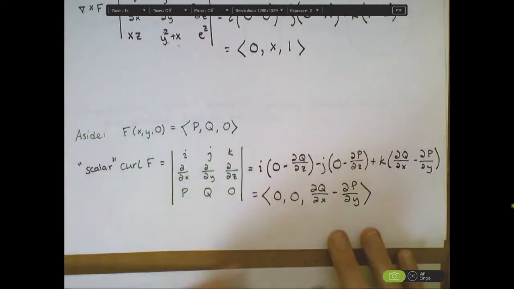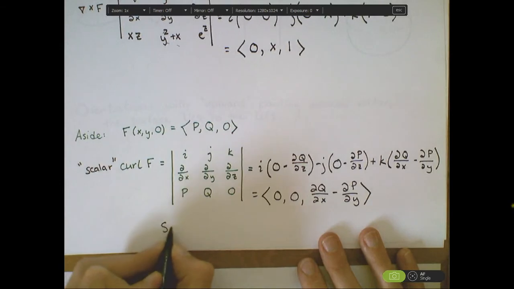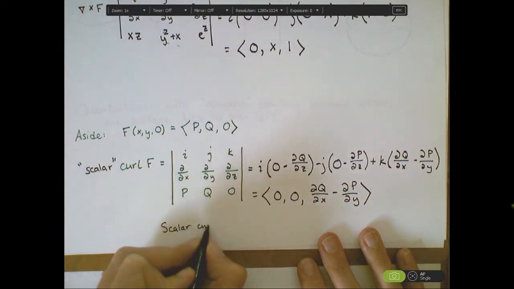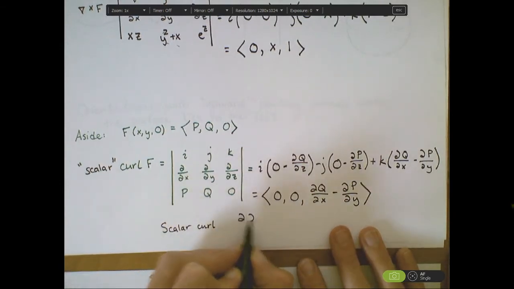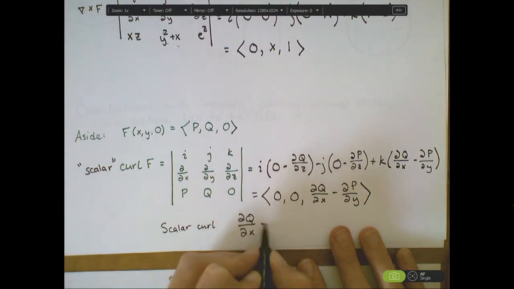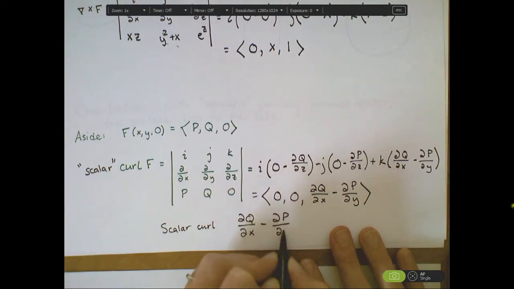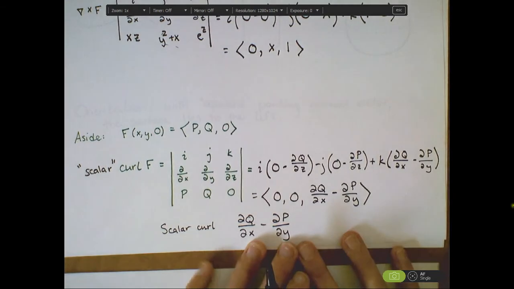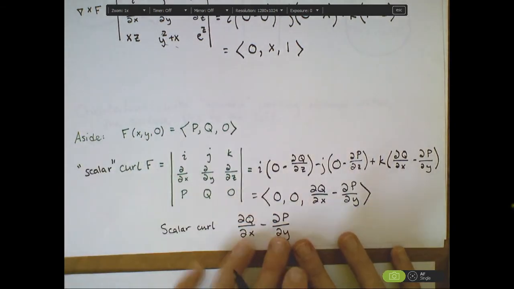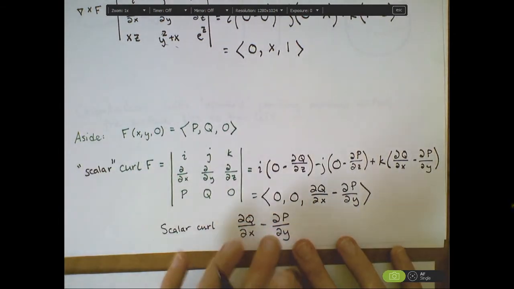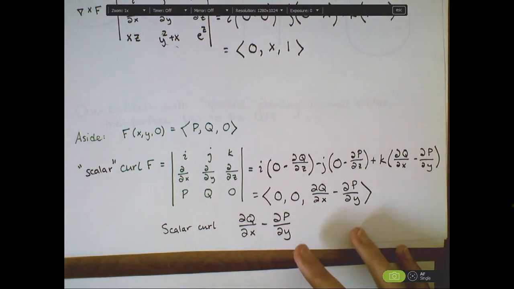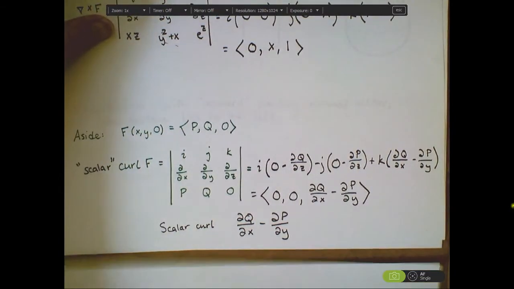And the scalar curl in this case is dq/dx minus dp/dy, which is exactly what we will see came about in Green's theorem, right? So keep this in mind, and we'll see it again in just a little bit. So that's my definition of scalar curl.